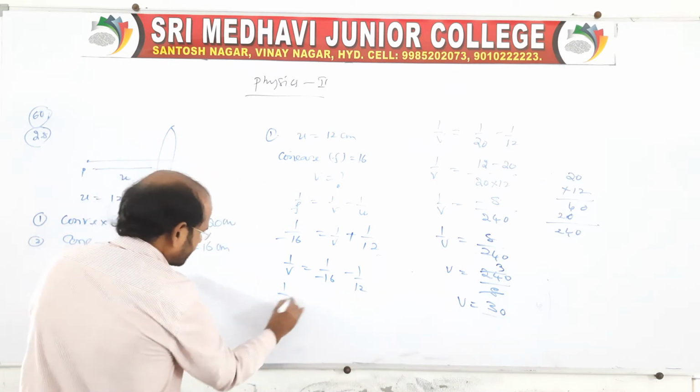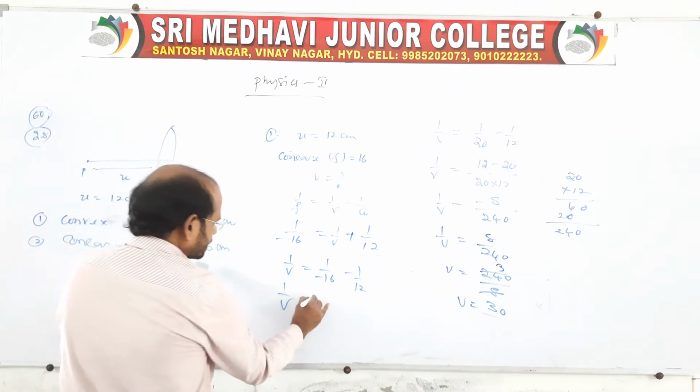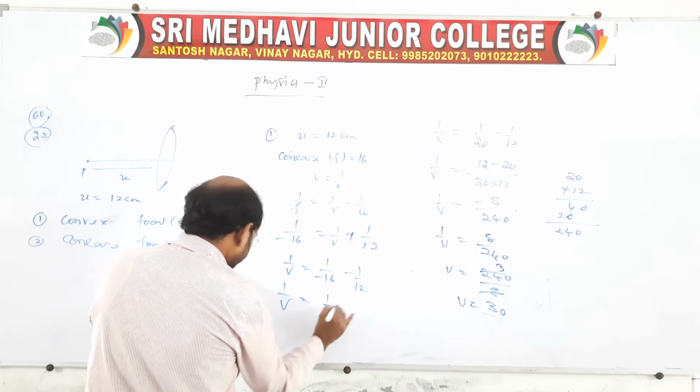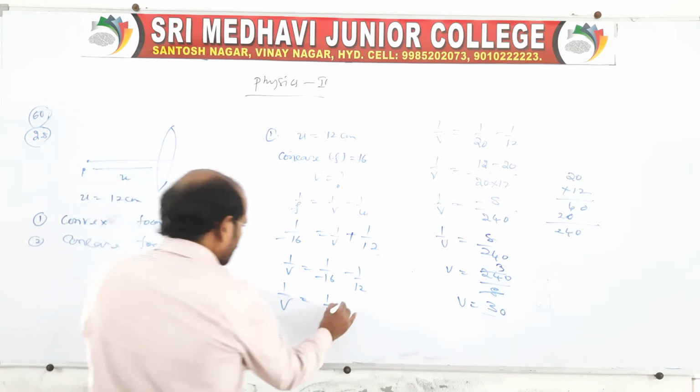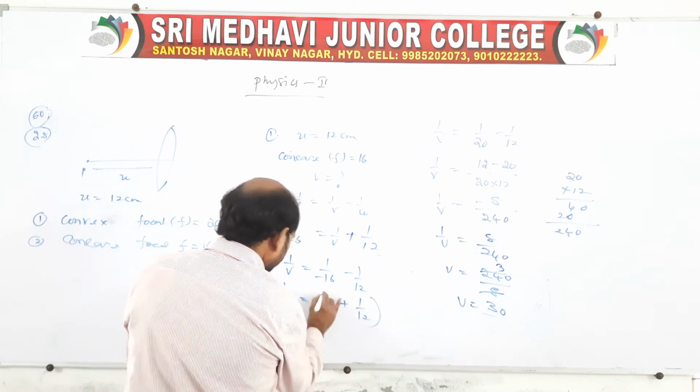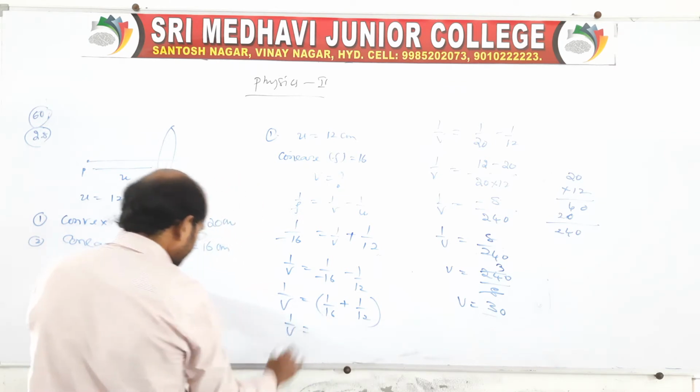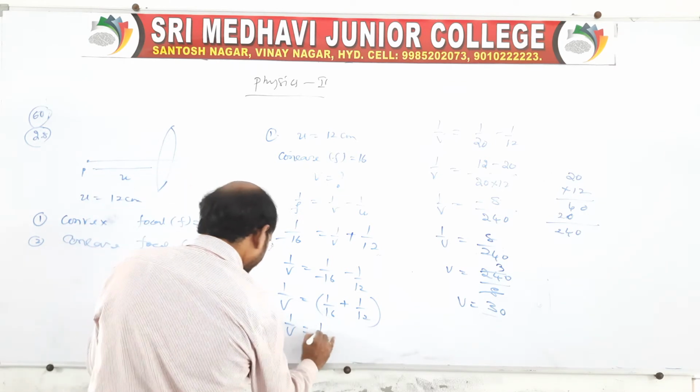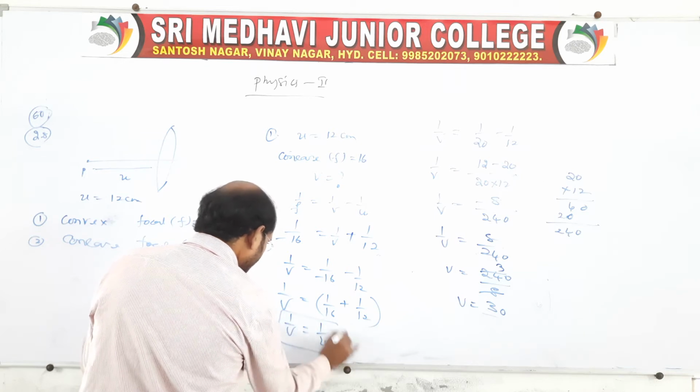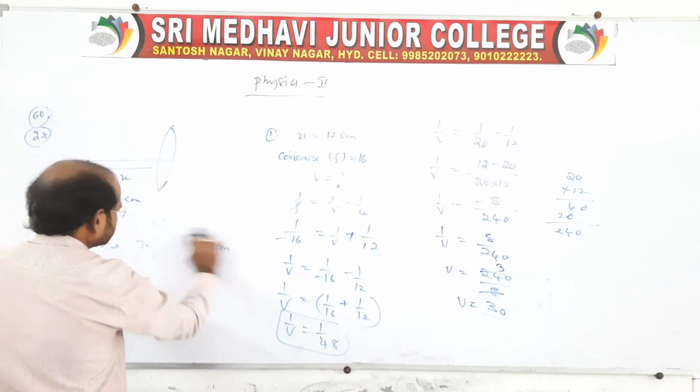So 1 by v is equal to, you take a minus common, then 1 by 16 plus 1 by 12. So if you simplify this, you may get 1 by 48 after simplification.